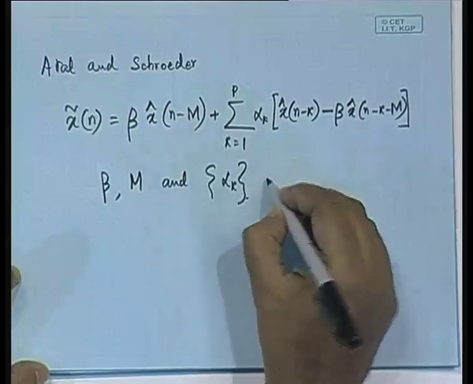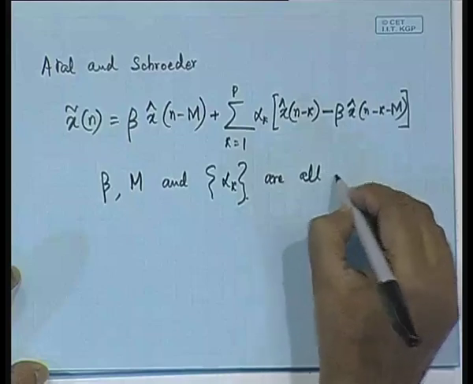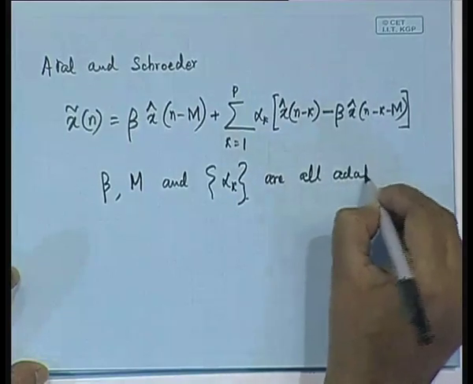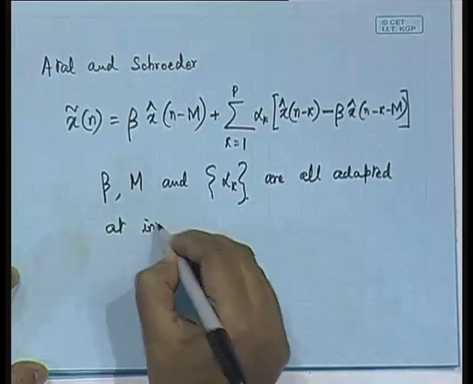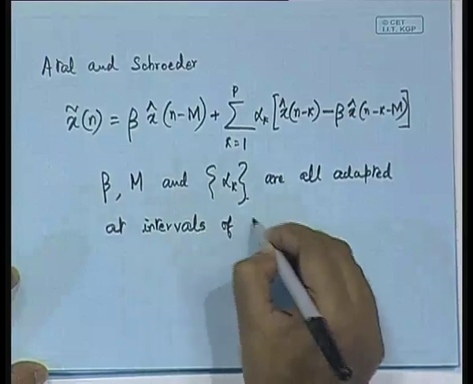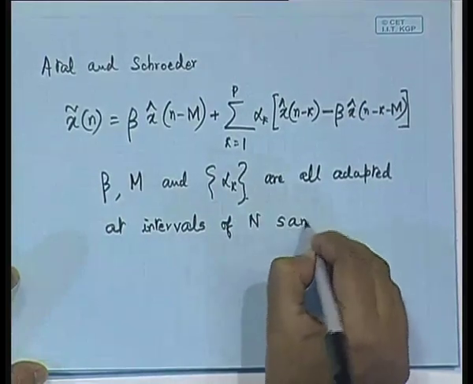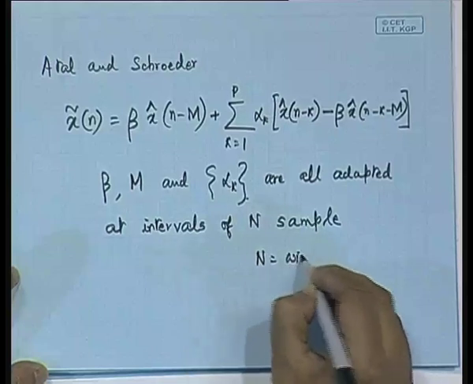They are all adapted at intervals of capital N number of samples, where capital N is nothing but the window duration.